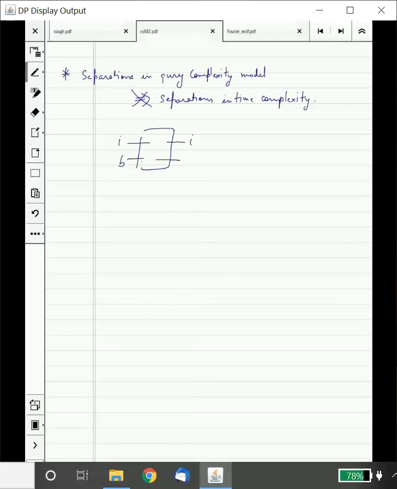Remember, this was the action of the oracle. Many times, this oracle is written slightly differently. You will notice that if I give as input the state minus, then O_X of i minus is (-1)^{x_i} i minus, and O_X of i plus is i plus.